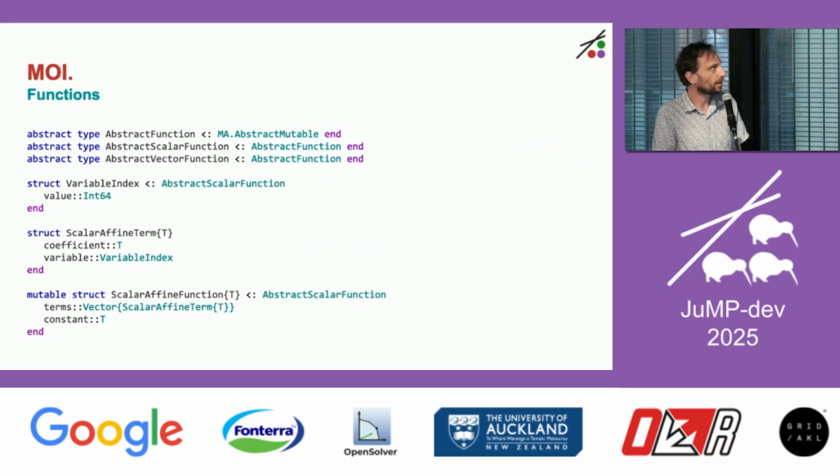The functions, we break them down. There's an abstract function type at the top, and then we break the functions down into abstract scalar functions and abstract vector functions. A couple of examples: the variable index is a scalar function, which is just a single variable. And then a scalar affine function is a vector of scalar affine terms, which are themselves a coefficient and a variable, and then a constant.